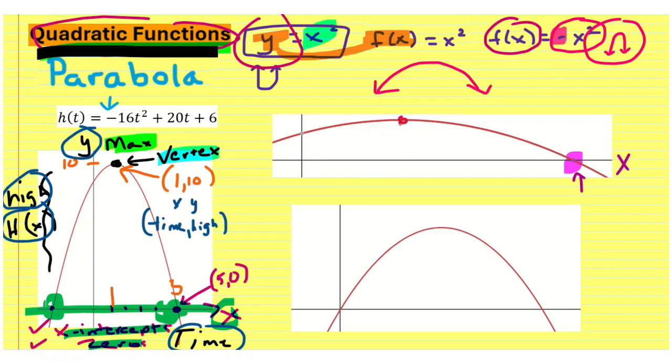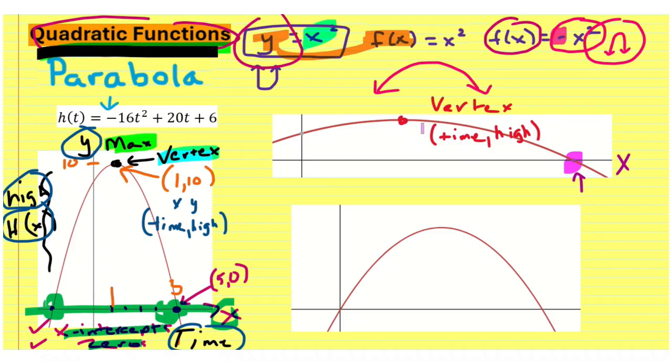Like I said, this right here is going to be, in real life, a maximum height. How high is the object? But in math language, that point is what we're going to call the vertex. And that vertex is going to tell us how much time is going by, and then the height of that object. So we're going to relate these.